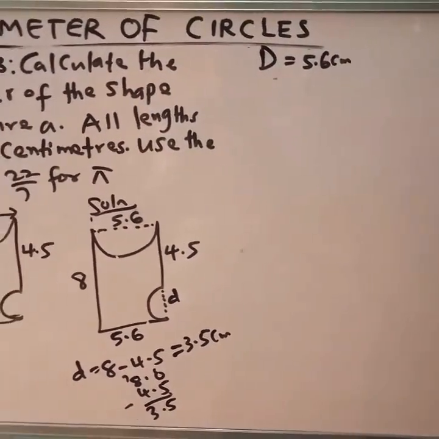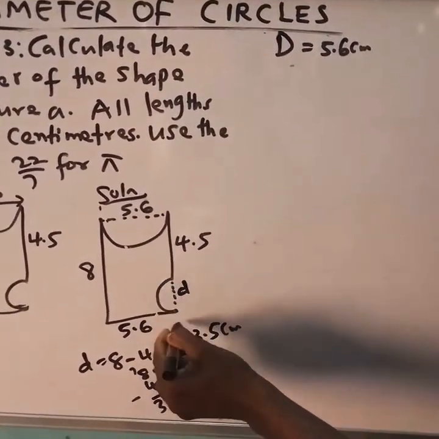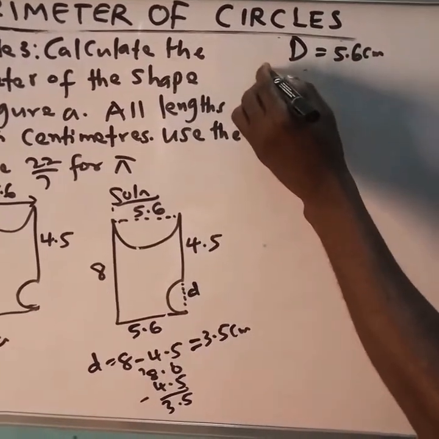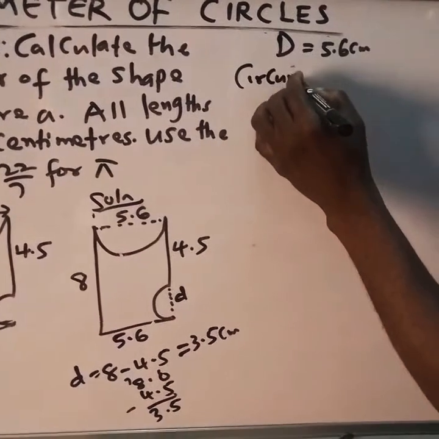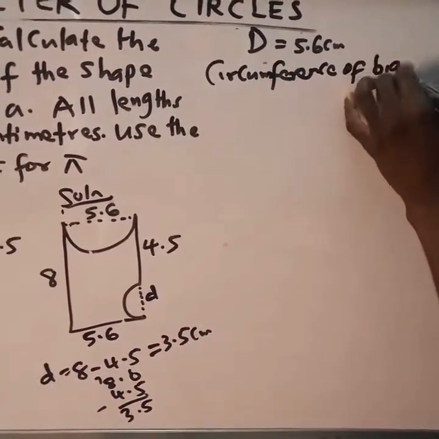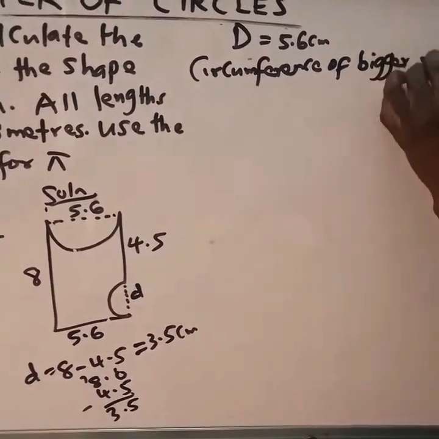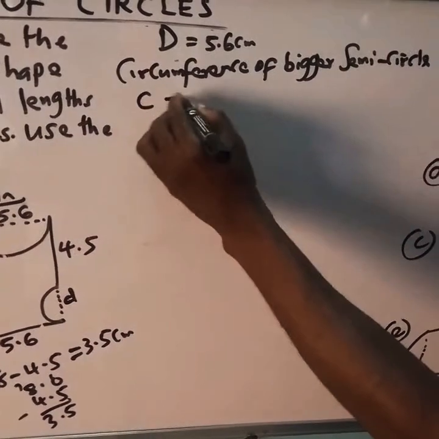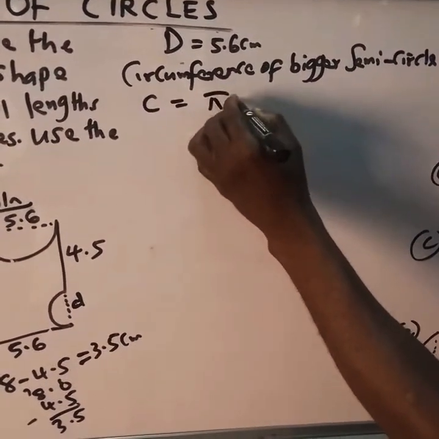Now we need to know the perimeter or circumference of this small semicircle and the big semicircle. So circumference of the bigger semicircle, that is pi d.